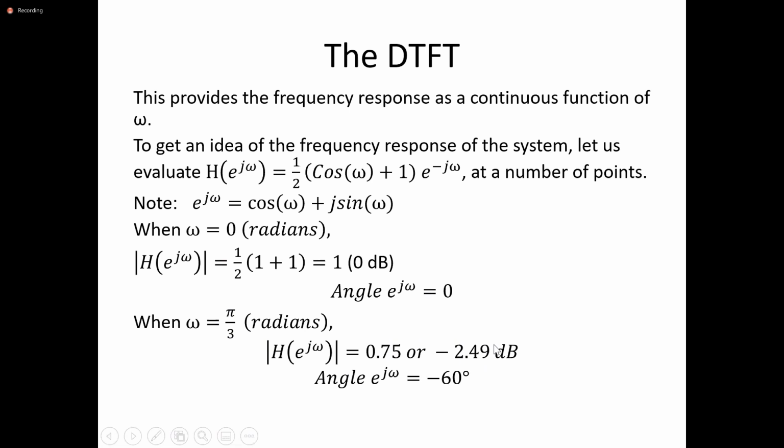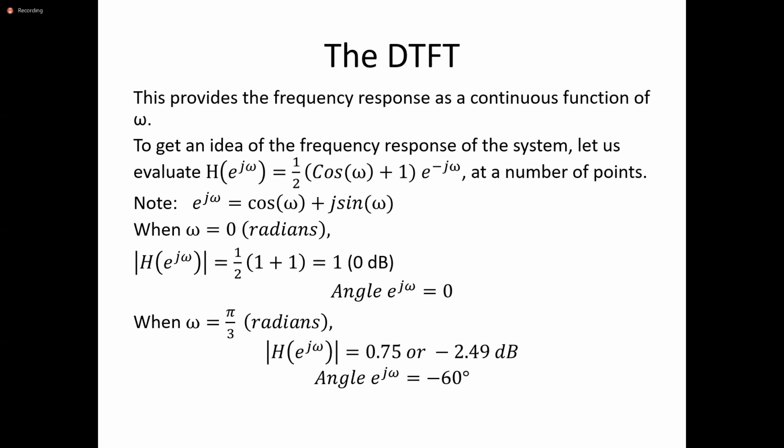Or in dBs, because we will have to be familiar with dBs. I hope if you're not, we can probably try and do a little tutorial on it. But in terms of decibels, it's very convenient because it has a wide dynamic range.